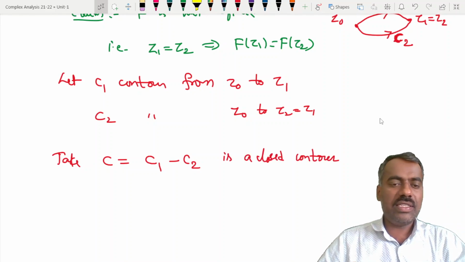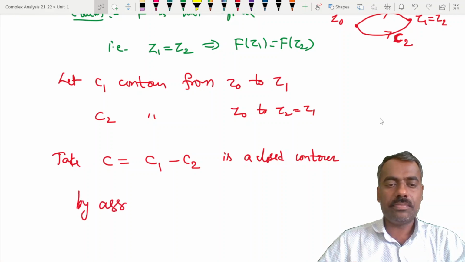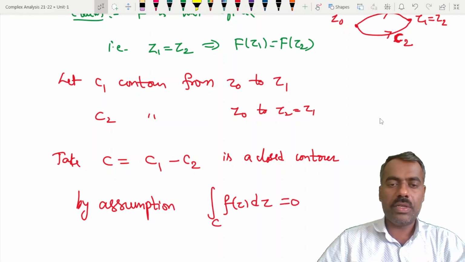Therefore, by assumption, the integration over C of f(z) dz is 0.